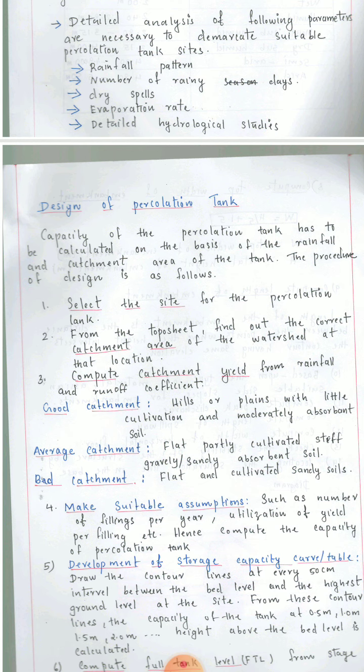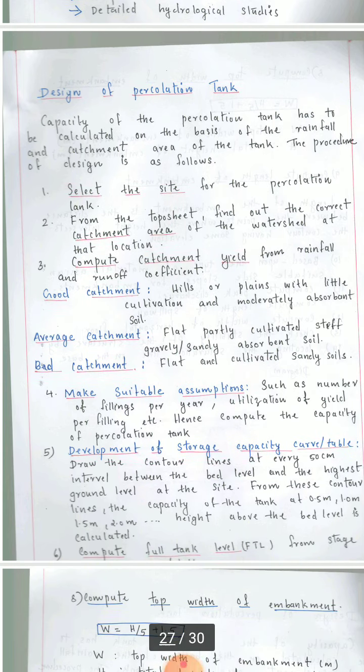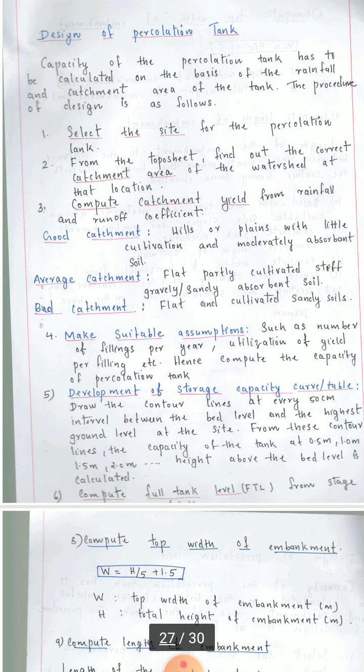That means how much water of the catchment area will be dried up. Next is evaporation rate, that is the rate of evaporation. Next is detailed hydrological studies. So these are some of the parameters which are very necessary to consider before we go for the construction of the percolation tanks.